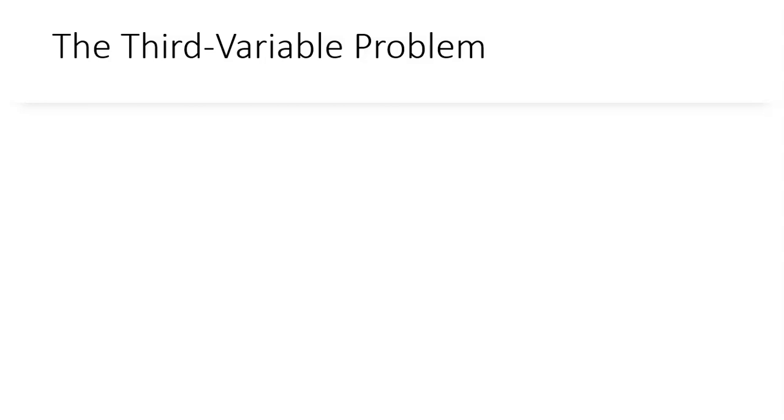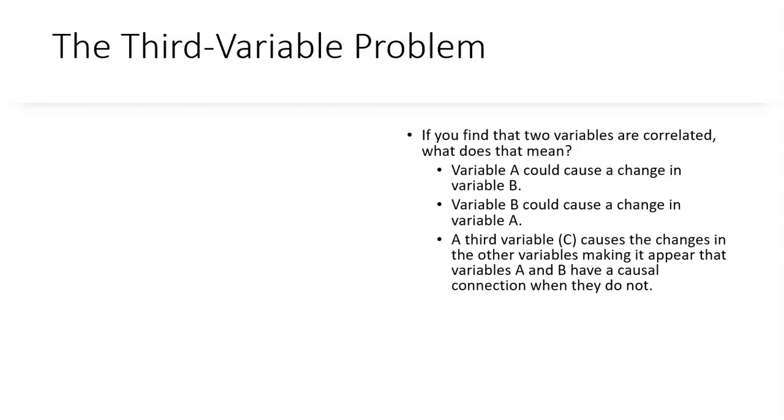Now, one of the reasons why you can't make causal conclusions based on correlated data is something called the third variable problem. So basically, if you have 2 variables that are correlated, that could mean 3 different things. First, it could mean that the first variable causes the second variable to change.